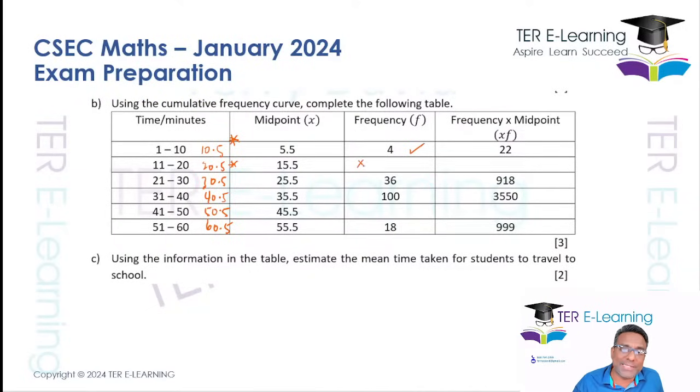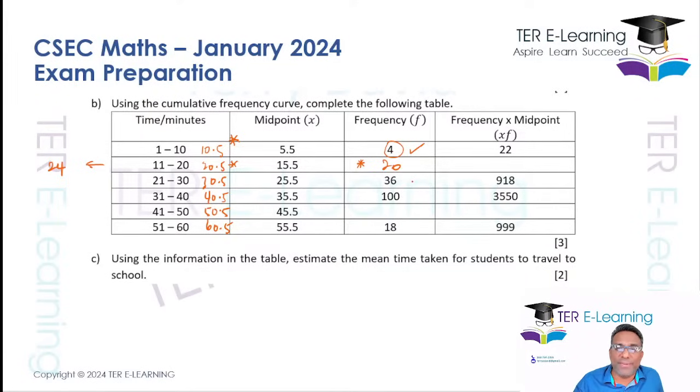That means this frequency here has to actually be 20. You had to read off this value from the graph. You got 24, that's a cumulative frequency, and to get the frequency you take 24 and subtract this. So that answer here is going to be 20.